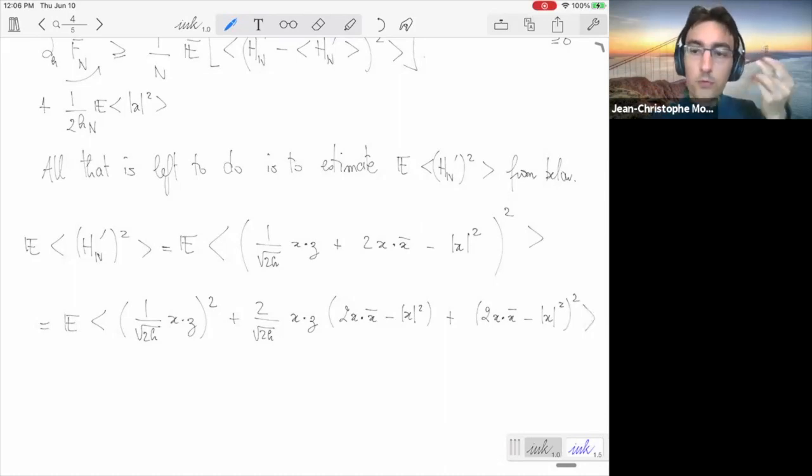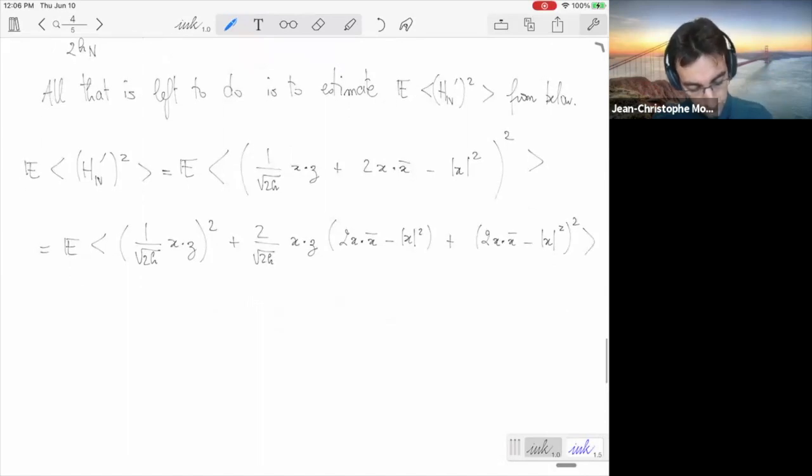Now I'm going to use our Gaussian integration by parts lemma to get rid of all the z's. Last time we saw a formula for computing z dot some function, everything squared. The statement was that there are two terms.